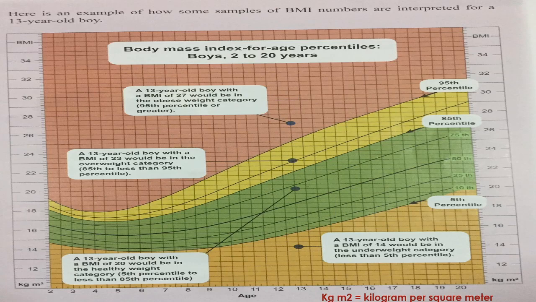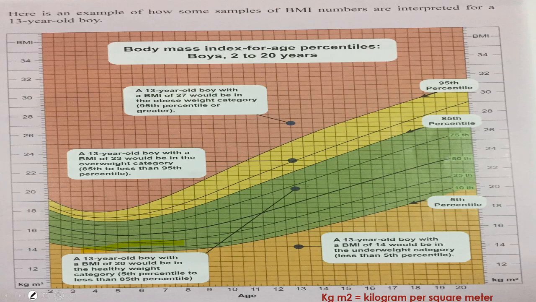A 13-year-old boy with a BMI of 20 would be in the healthy weight category, 5th percentile to less than the 85th percentile.